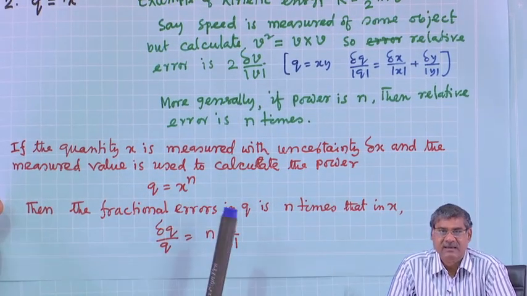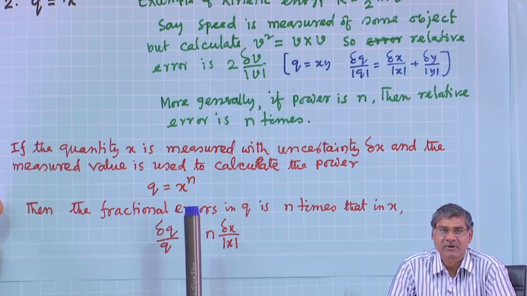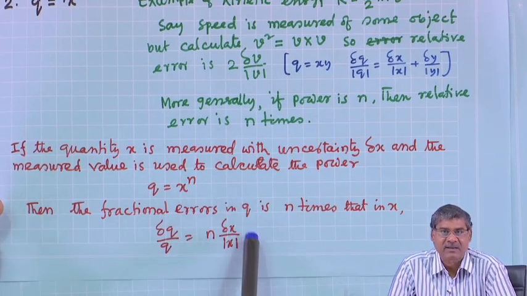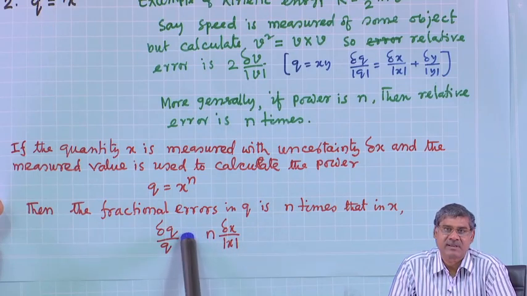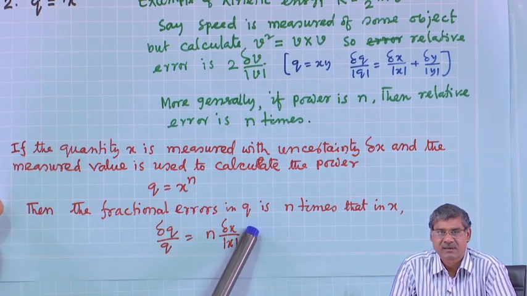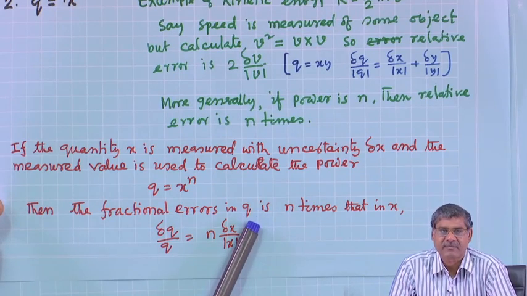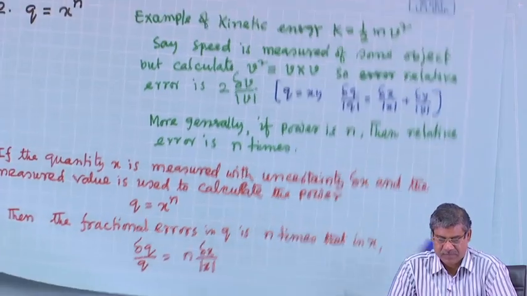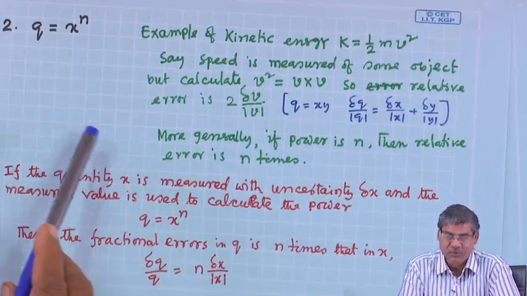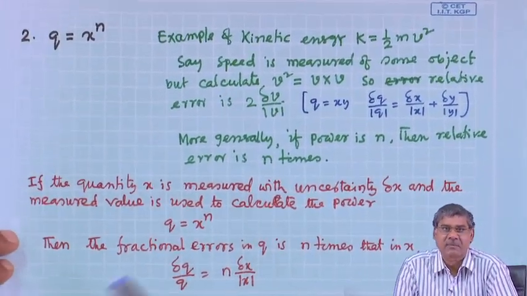So, this is what we got if this type of power is there. The error will be the power times the relative error of the measured quantity, the measured parameter. So, I think we do not need to consider multiplication etc. separately.